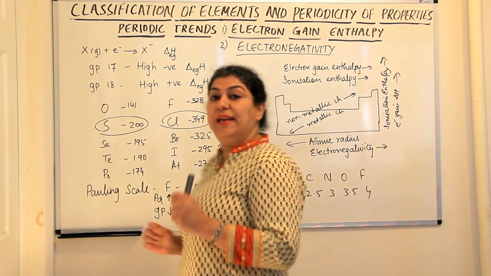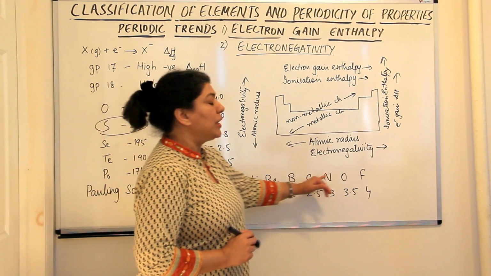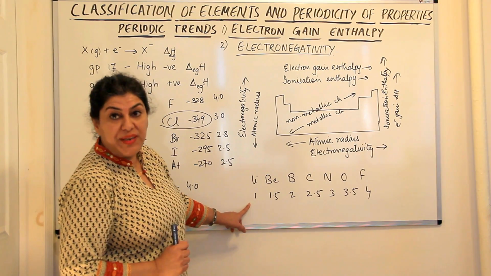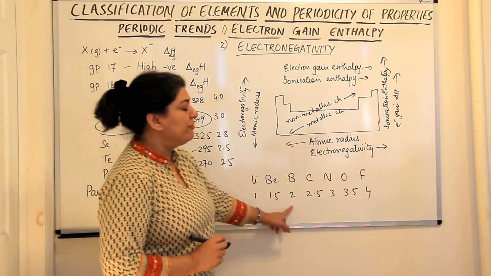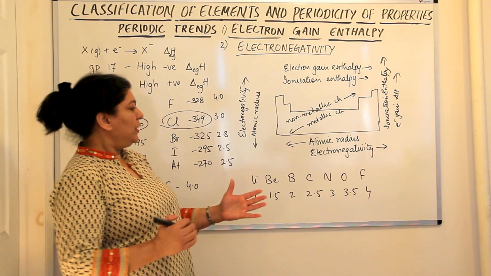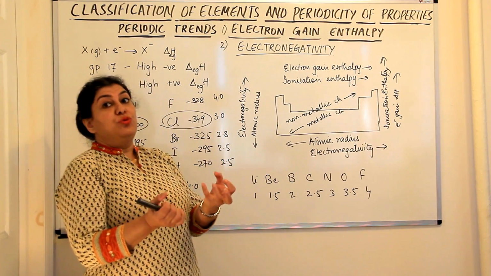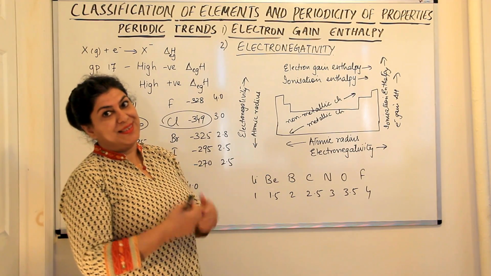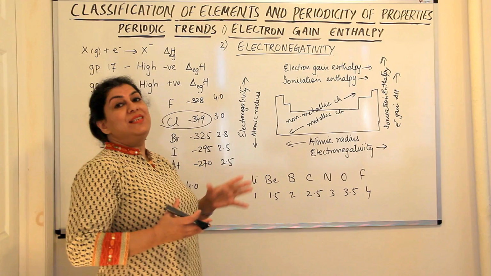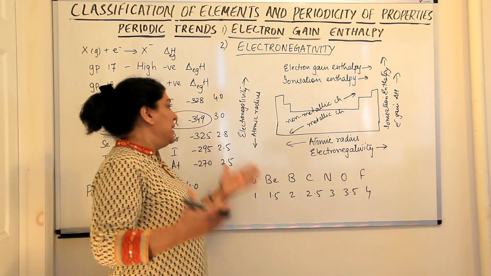But if we compare the electronegativity values of a period, for example, lithium, beryllium, boron, carbon, nitrogen, oxygen and fluorine, we find that the electronegativity value increases on the Pauling scale from 1, 1.5, 2, 2.5, 3, 3.5 to 4 in fluorine. So as you move from left to right, the tendency of an atom to pull the shared pair of electrons towards itself increases, and as we move from top to bottom, the tendency of the atoms to pull the shared pair of electrons towards itself in a covalent bond decreases.